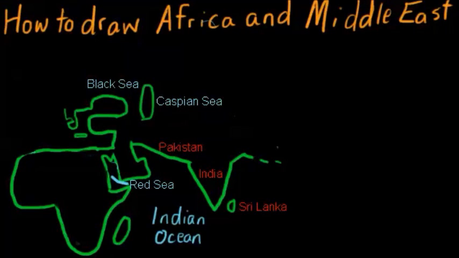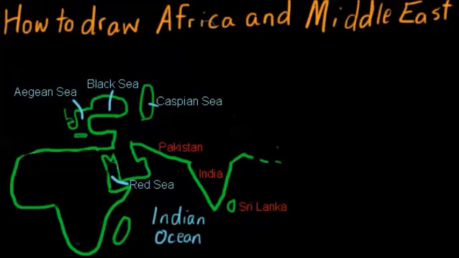The sea that's between Greece, right here, that's north of Crete, and that's west of Turkey, is a sea called the Aegean Sea. Let's add in that one too. Okay, and let's add just some arrows to show where they are. This one's the Aegean Sea, the Black Sea, and the Caspian Sea right there.